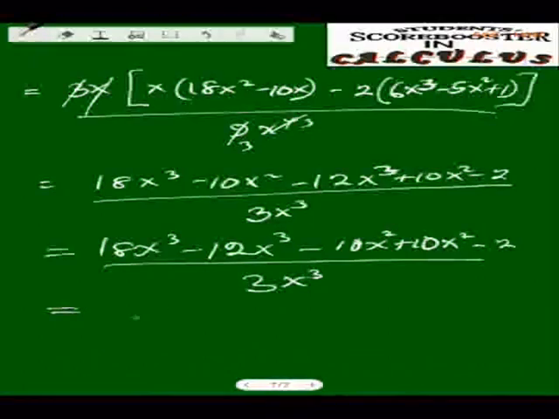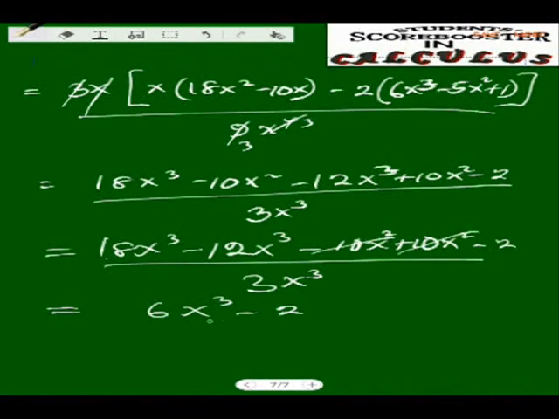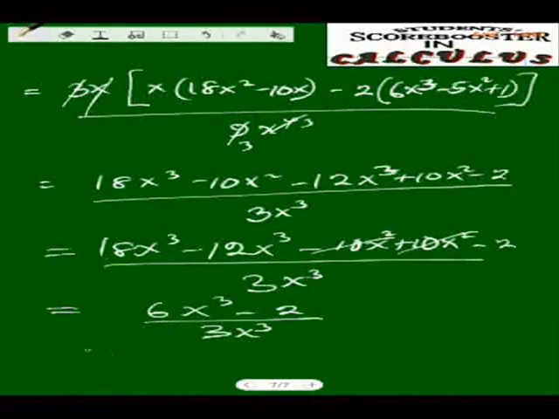So this will be 18s cubed minus 12s cubed is 6s cubed. 10s squared, we cancel this one, so minus 2 over 3s cubed. So you can write this in this form, because your final answer in JAMB will depend on the option that you are given.